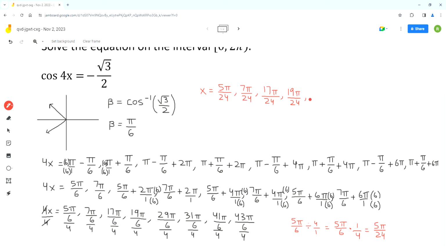Then 29 pi over 24. 31 pi over 24. And then 41 pi over 24. And lastly, 43 pi over 24.